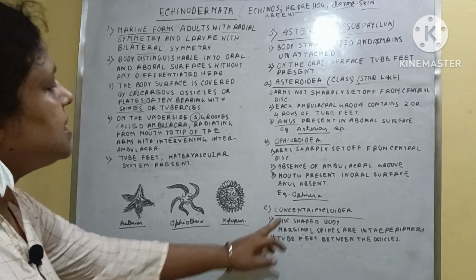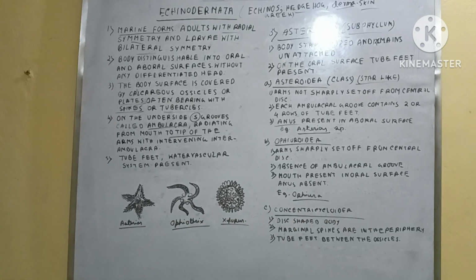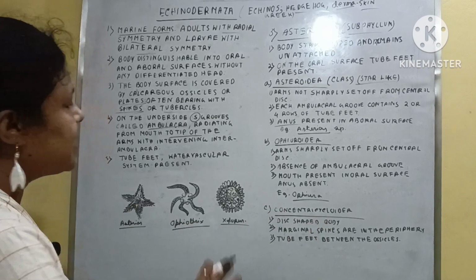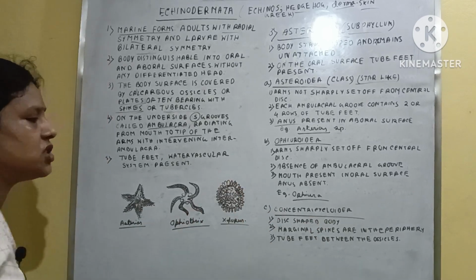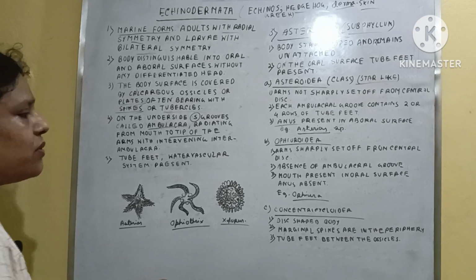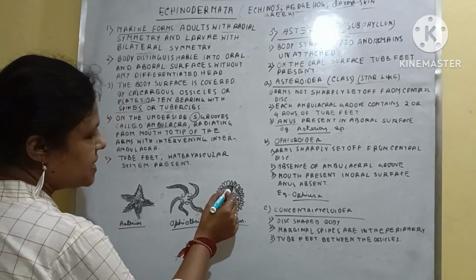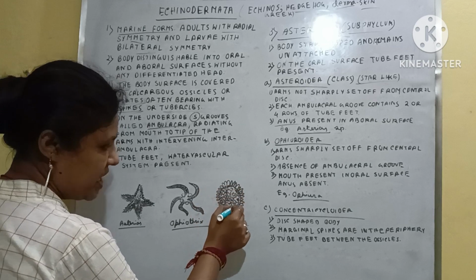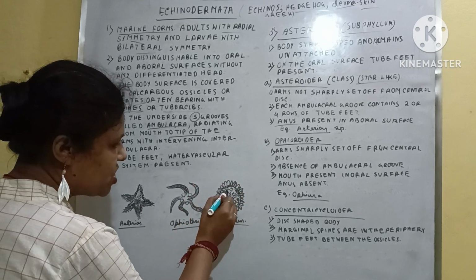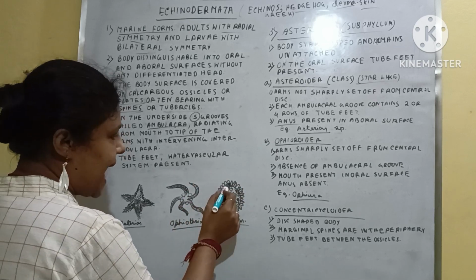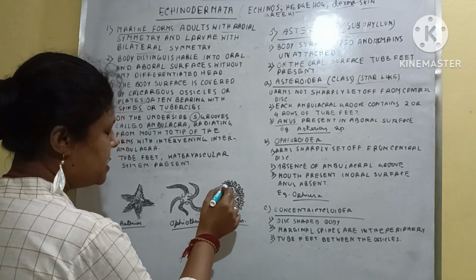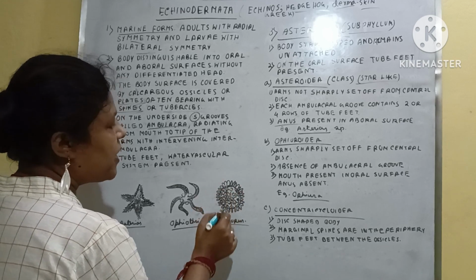Example is Ophiura. The third class is Concentricycloidea, and here the body is disc-shaped. You can see the rough structure, a disc-shaped body, and second, the marginal spines. You can see this is the peripheral region and this is the central region, and the spines are present in the peripheral region.